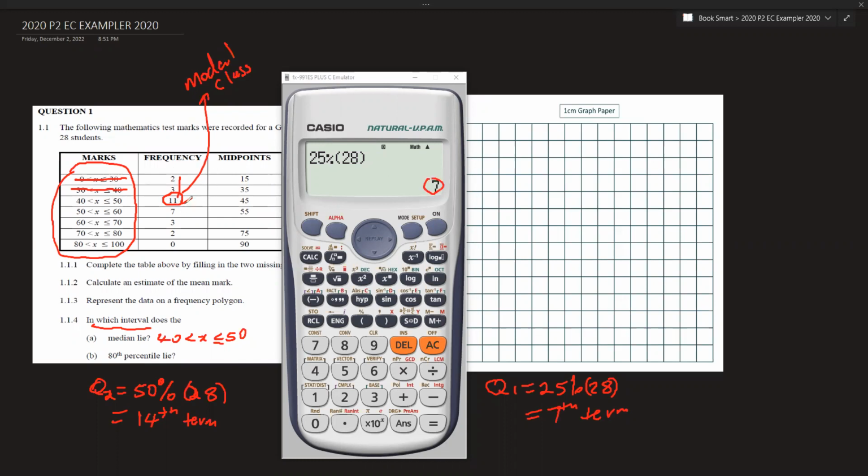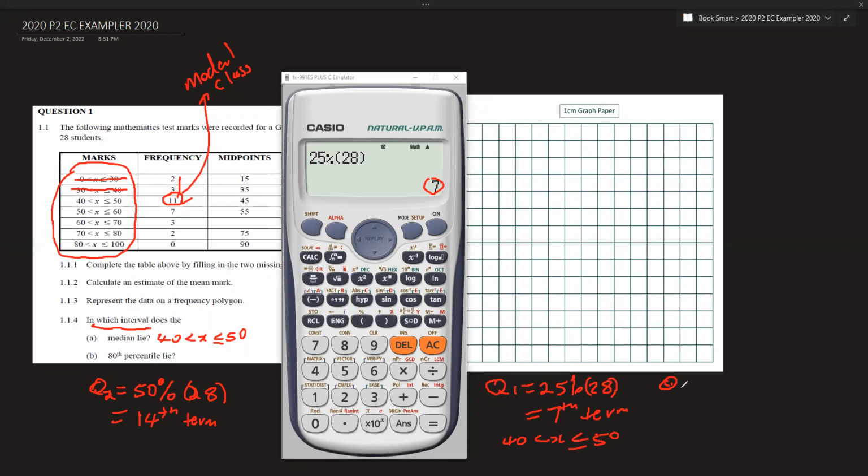And then when I add this, I get 11. So the Q1 or lower quartile also lies in this interval, right? 40 x and then 50. Do you see it? Make sure you copy it exactly the same way it's written, otherwise they'll penalize you.